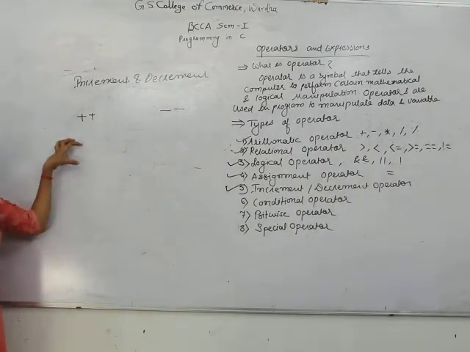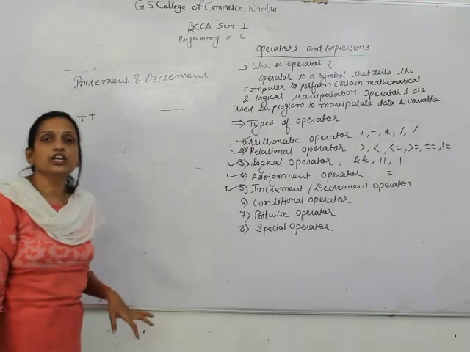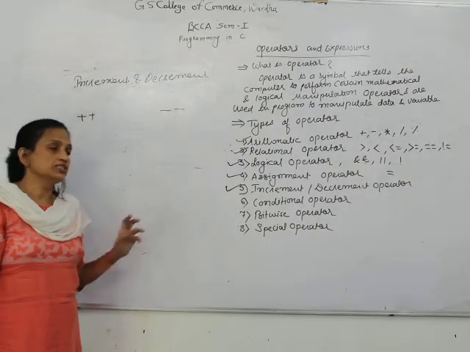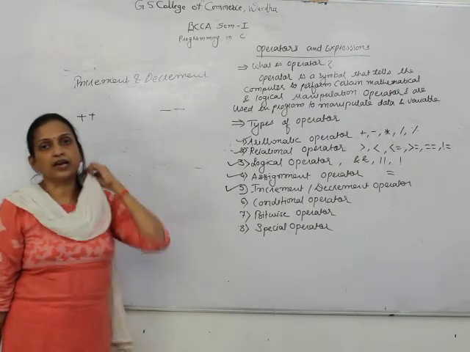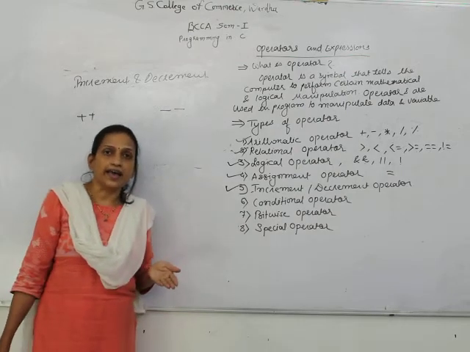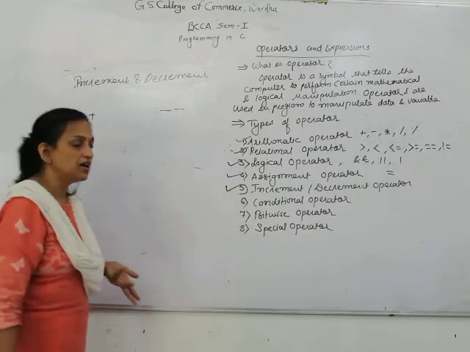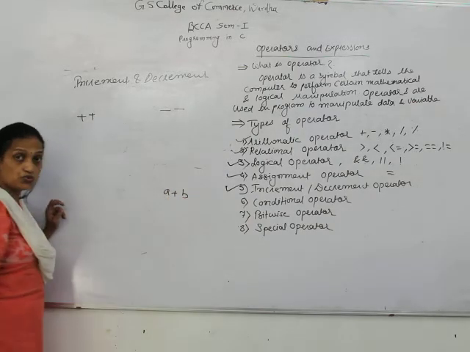Now what is the use of this operator? These operators are unary operators. What do you mean by unary? All of these other operators are binary operators. Binary means you use more than one operand in an expression. To perform addition, you have to use two variables.